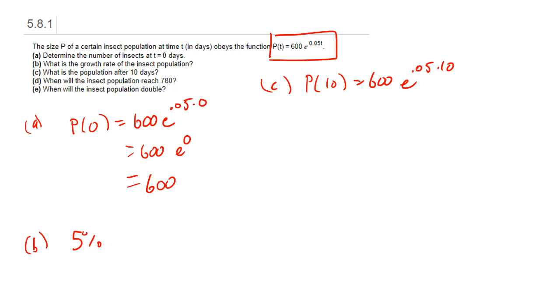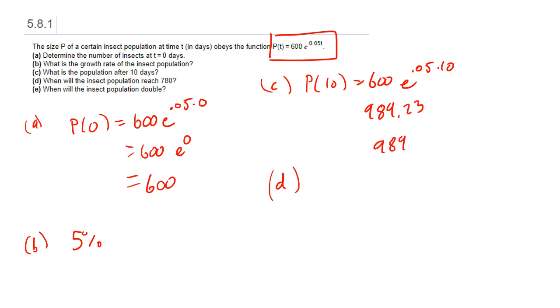I get a result of 989.23. But since we are talking about insects, I'm actually not going to round this to 2 decimal points. I'm just going to round it to the nearest whole number, and I'm going to say this is about 989. Insects don't pop out half-formed, usually.